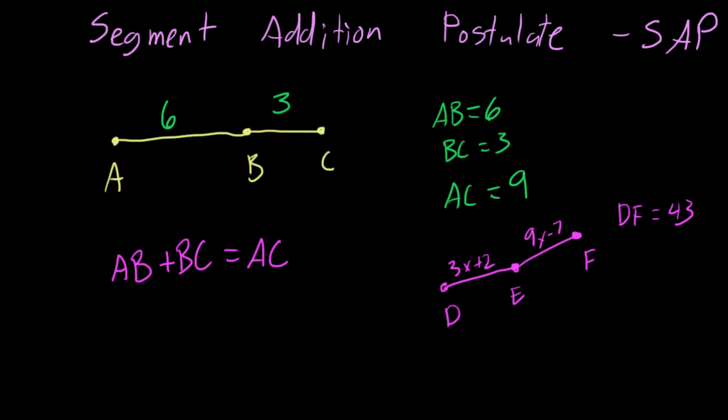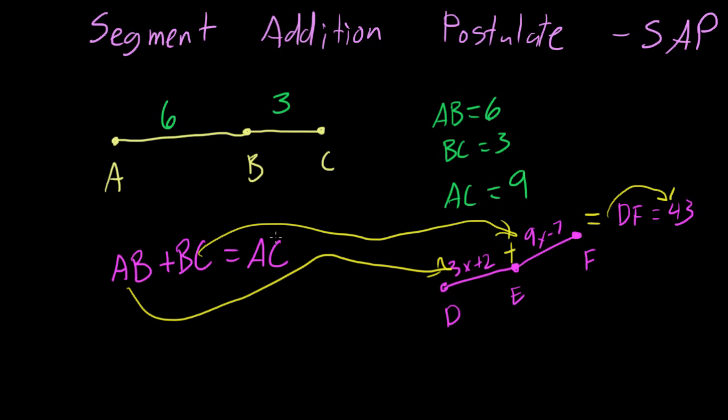So we could take 3x plus 2 plus 9x minus 7 and set it equal to 43. That's the segment addition postulate. Okay? It's just plugging in. It's basically taking this and we plug in the parts. This is here, this is here, and this is here.